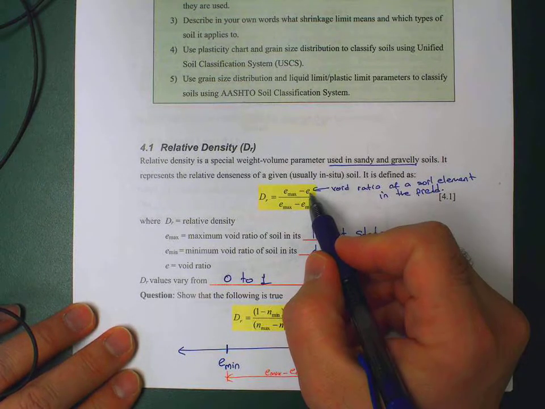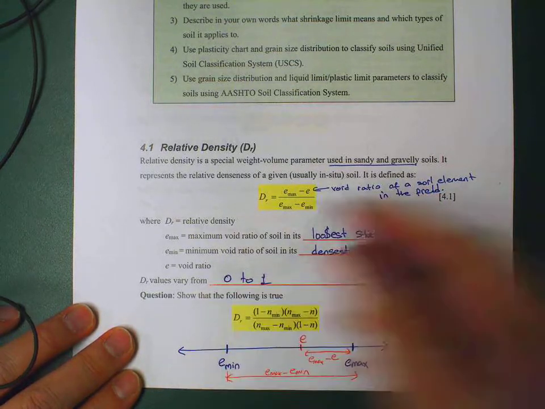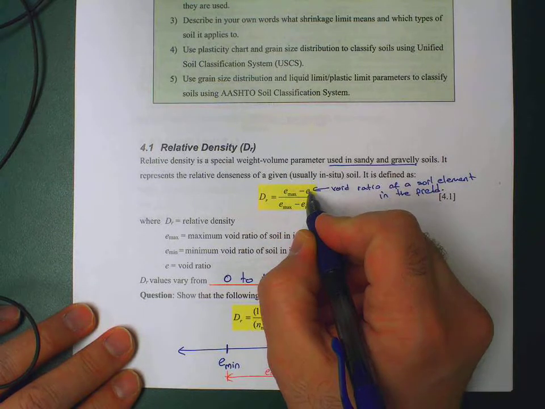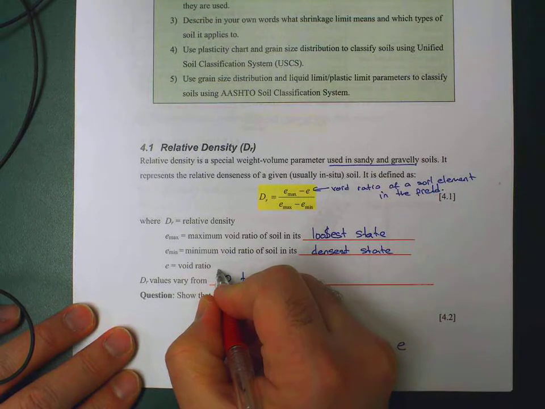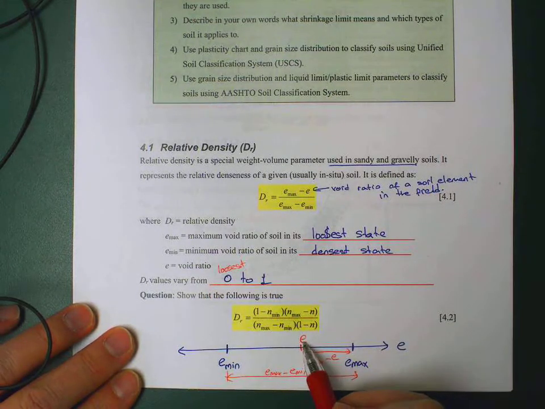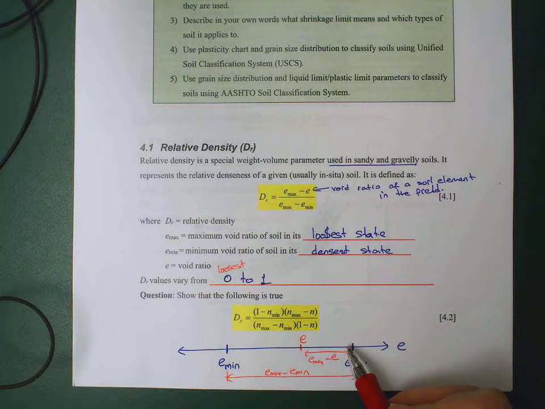So let's look at 0. If e is equal to e max, it becomes 0. e max minus e max becomes 0. So 0 means the loosest, maximum void ratio. So it's the maximum, very loose state.